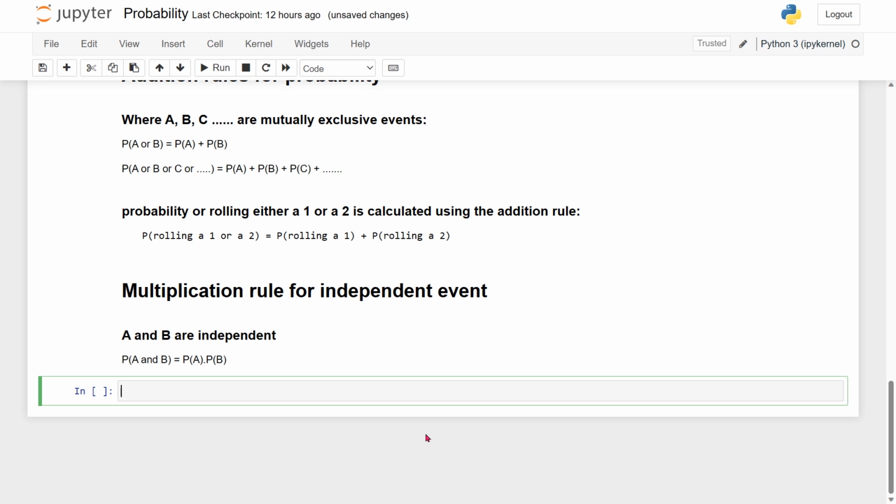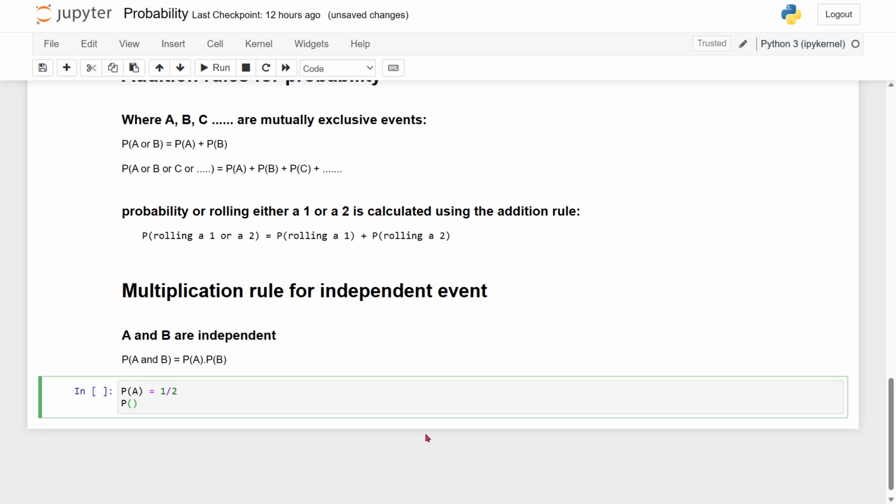For example, the probability of flipping a coin and rolling a die, getting heads on the coin and a 2 on the die, assuming a fair coin and a fair die. Obviously there is no dependency between these two events, because one is flipping a coin and the other is a die. So probability of A is 1 divided by 2.